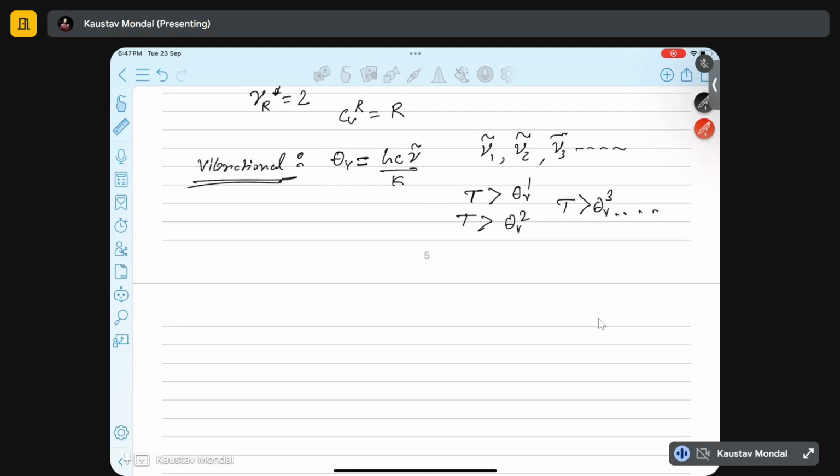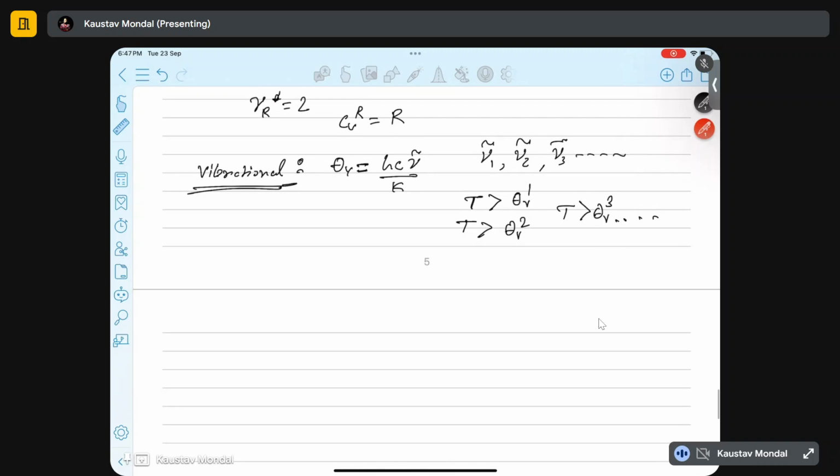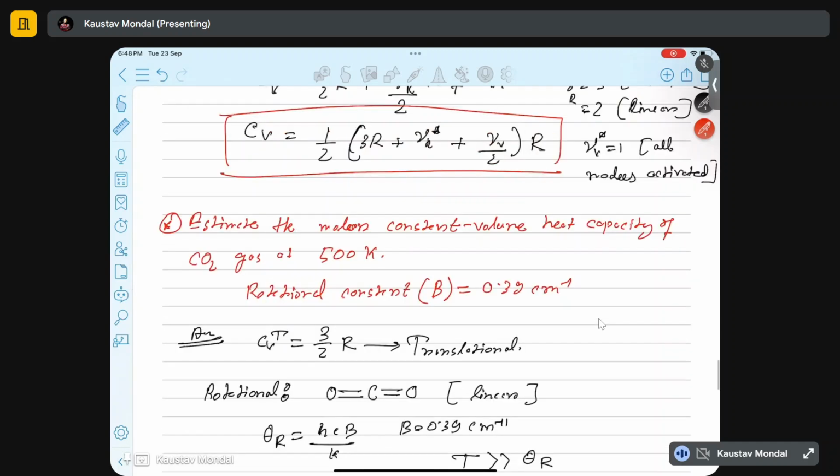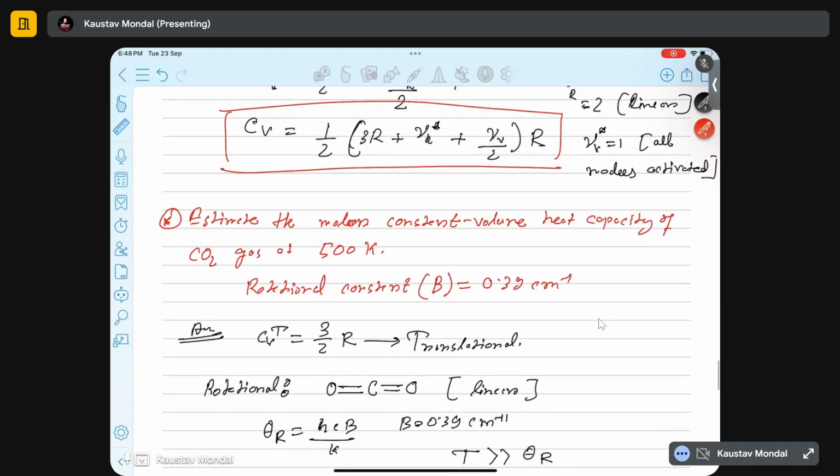Okay. So if all the modes associated with the molecules are activated, for that case we can write the C_V,V, that is the vibrational part, as R, right? You can take nu V star equal to 1, that we have discussed earlier. Yeah, it should be 2 here, not 1. Now it's fine.